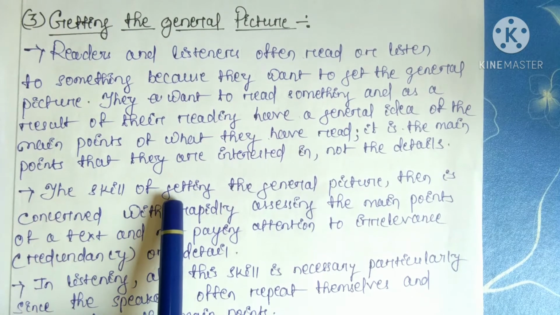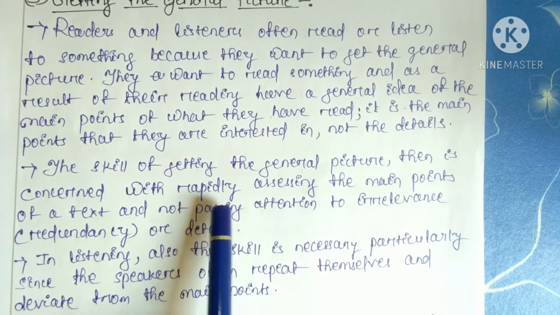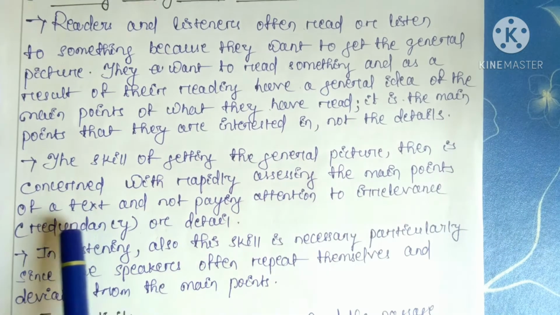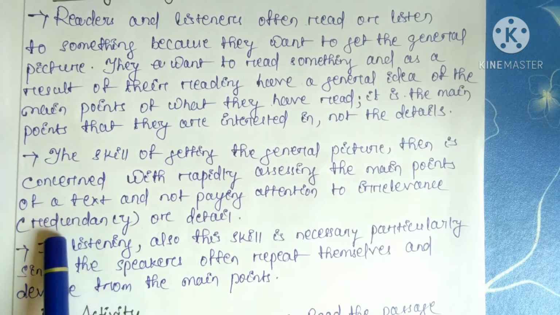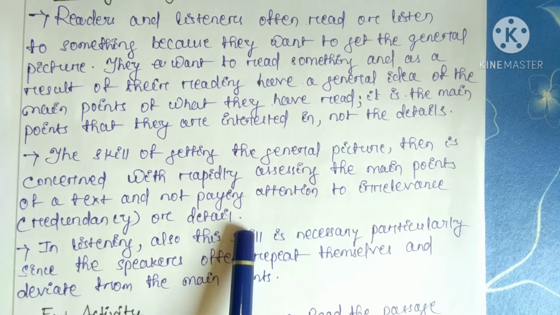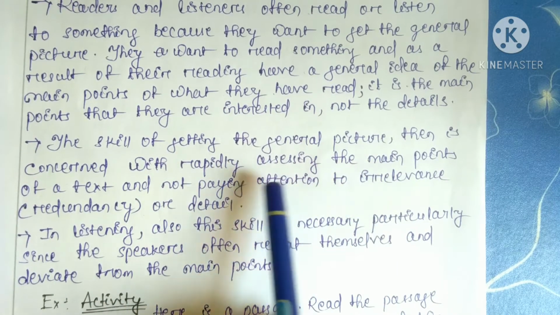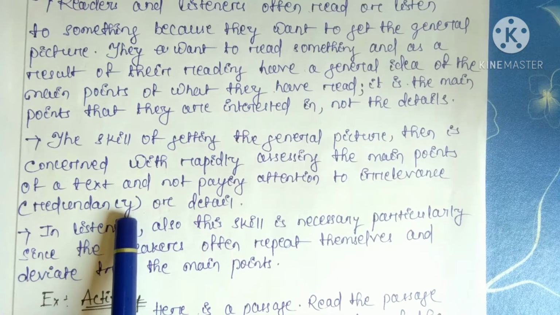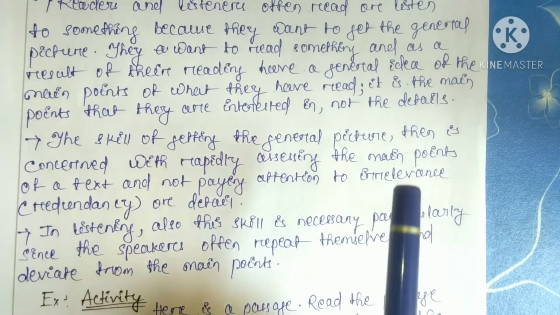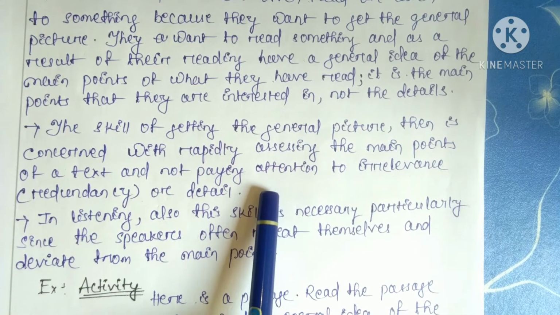The skill of getting the general picture is concerned with rapidly assessing the main points of a text and not paying attention to irrelevance or redundancy or detail. So the learner doesn't require any repetition or redundancy. Redundancy means repetition. So only a general idea is needed from a picture or a paragraph.